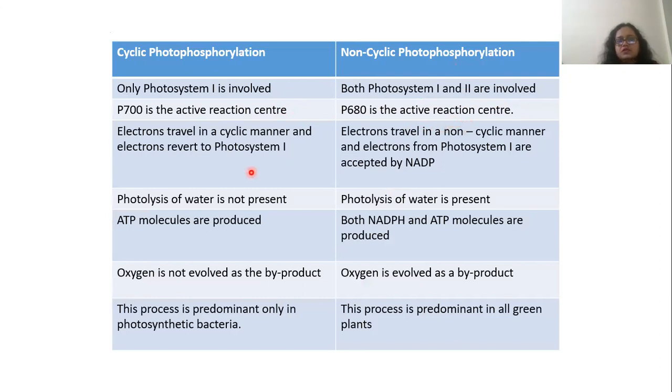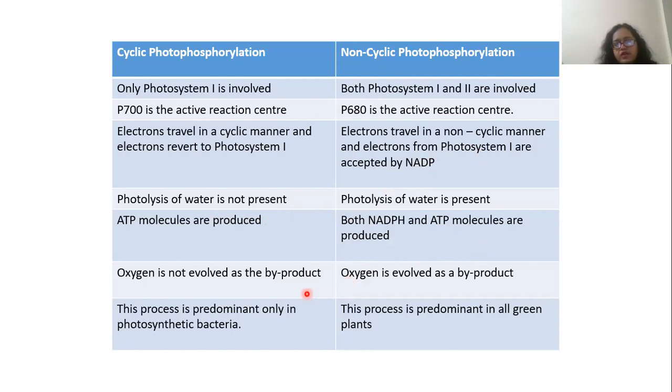Electrons travel in a cyclic manner and revert to PS1 in cyclic photophosphorylation, while in non-cyclic they travel in a non-cyclic manner and are accepted by NADP at last. Photolysis of water is not present in cyclic but is present in non-cyclic. Only ATP molecules are produced in cyclic, while both NADPH and ATP molecules are produced in non-cyclic.